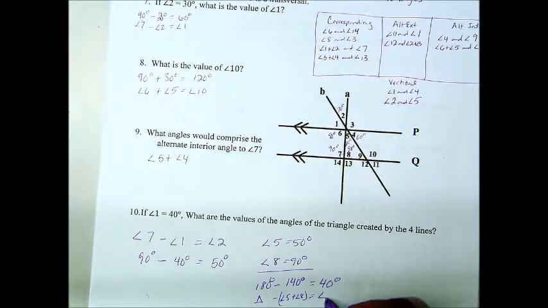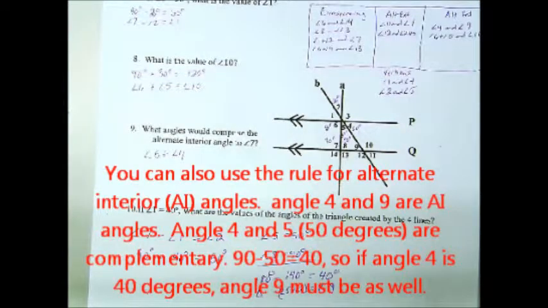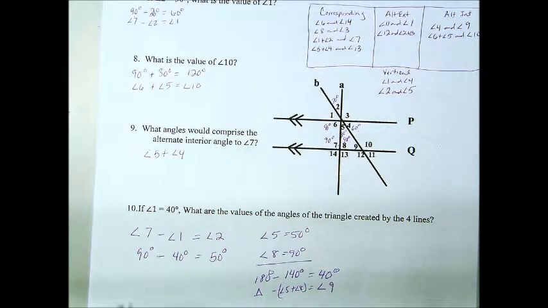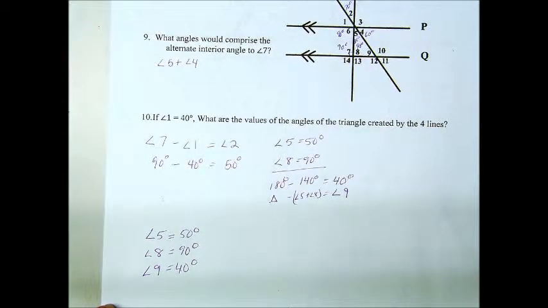And that gives me angle 9. So my final answer, I'll write angle 5 equals 50 degrees. Angle 8 equals 90 degrees. Angle 9 equals 40 degrees. There we go.